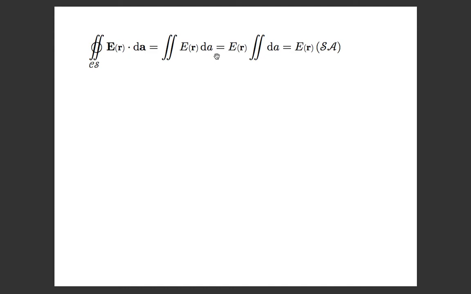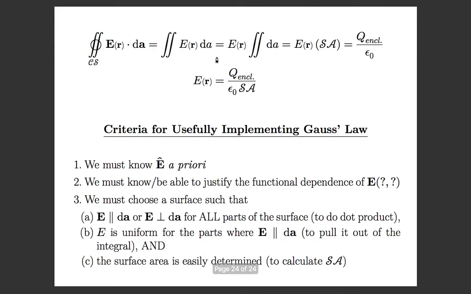But to do all these steps requires very specific conditions be met. So we have this equal to Q over epsilon naught. Here's what we need to know even before we do any calculations to be able to use Gauss's law to determine the electric field.